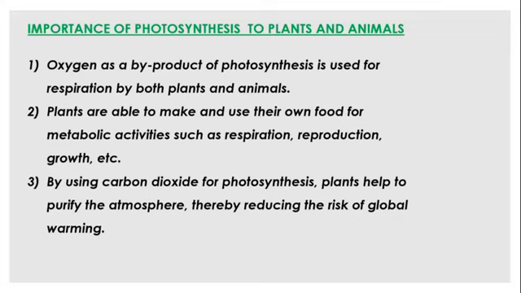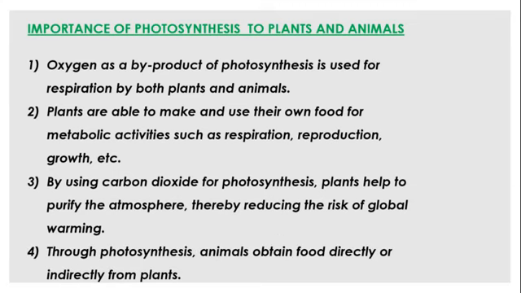All right. You know, animals are heterotrophic. In other words, they cannot produce their own food. So what is the importance of photosynthesis to these animals? Number 4, we are saying that through photosynthesis, animals obtain food directly or indirectly from plants. Agree? All right.